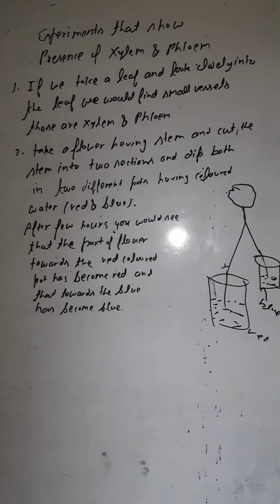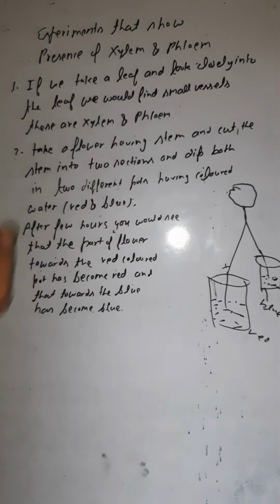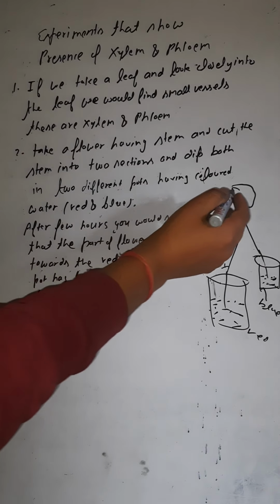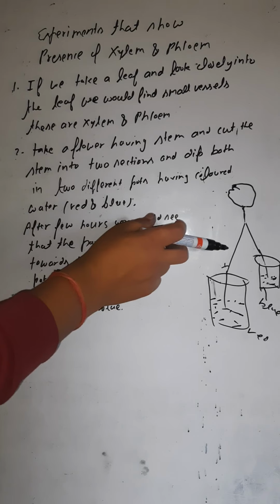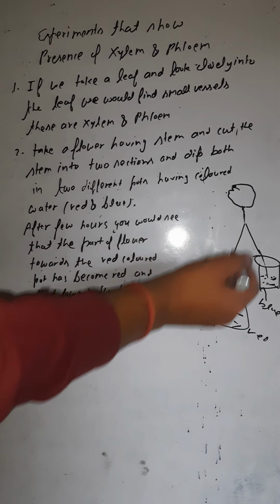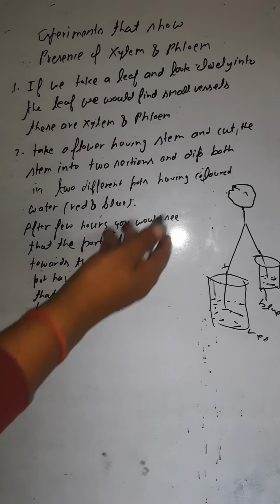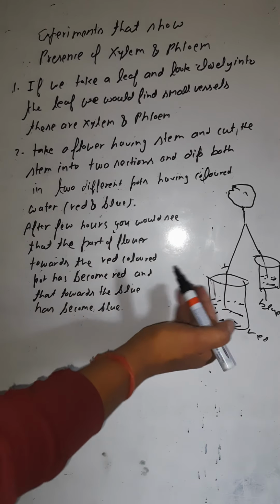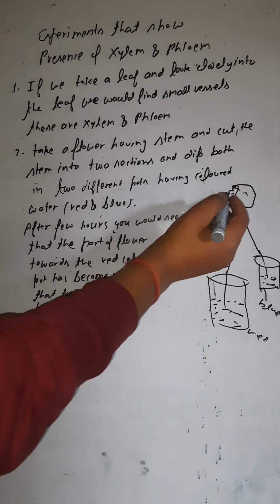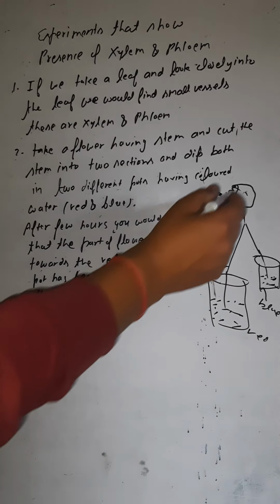Now after some time, you would find that the part of the flower towards the red colored water has become red, because you have cut the stem into two sections, one dipped into the red water and the other into the blue water. After a few hours, the part of the flower towards the red pot has become red, and the part towards the blue color has become blue.